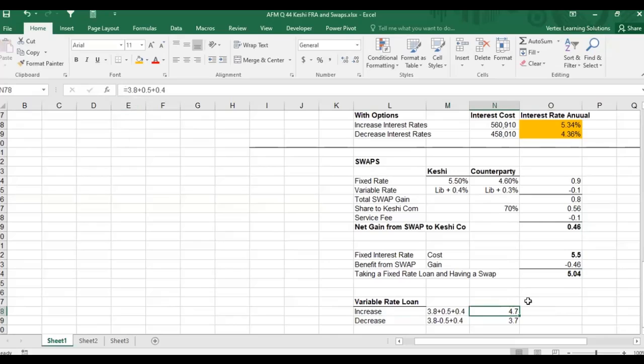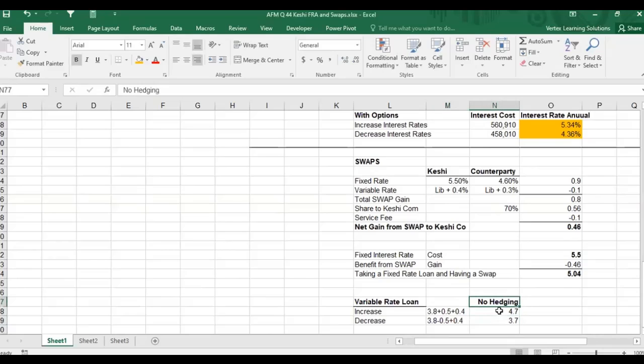So you just don't hedge. There is no hedging. Just like I said, there are three options. I don't do any hedging. I just go and say, I'm taking a variable rate loan because fixed rate is too high, 5.5. Current rate is 4.2. It can go 0.5 up. It can go 0.5 down.